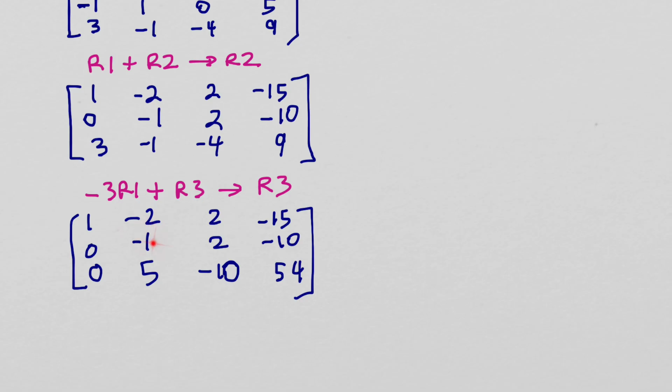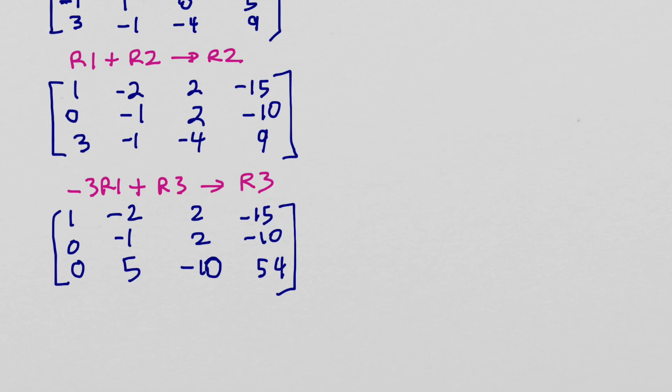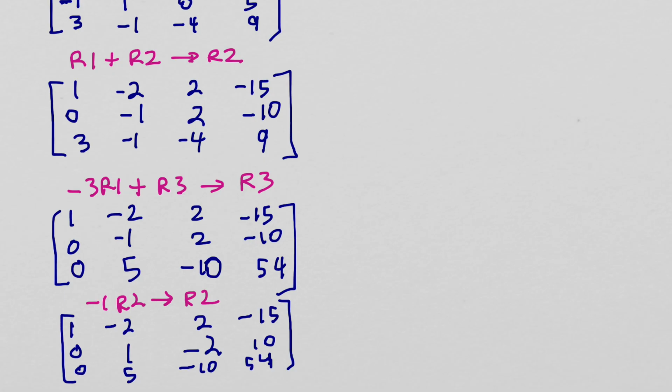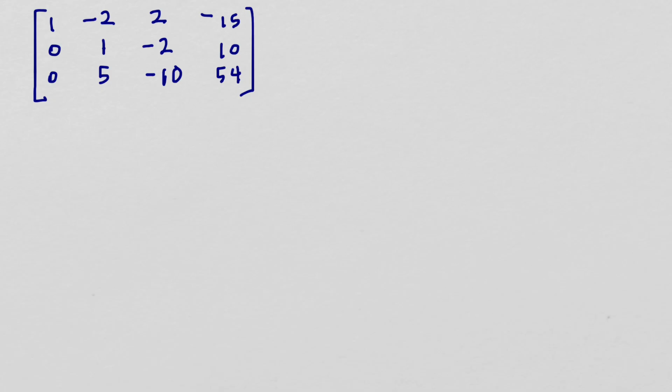So I'm looking right here, and I can see that I do have a -1 there, so I can just change the signs on row 2. So I'm going to write that by saying -1 R2 gives me new numbers on row 2. So that would just be 0, 1, -2, +10, and put the other 2 back on. And then we have that. So now I've got this 1 I use as a pivot to zero out the 5.